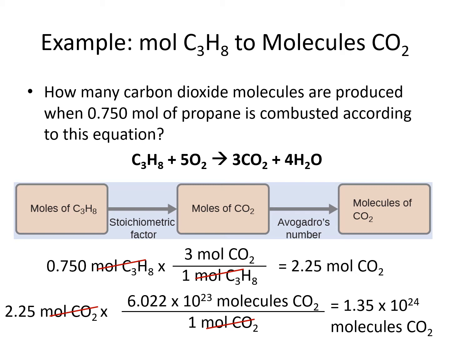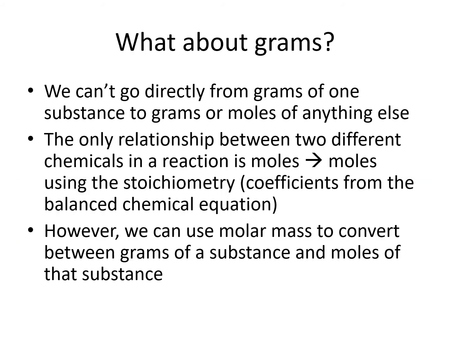We take our 2.25 moles of CO2, multiply by Avogadro's number, and that gives us 1.35 times 10 to the 24 molecules of CO2. Again, be careful with your units and your abbreviations. Do not abbreviate molecules as MOL because that's reserved for moles. Just write out the whole word, molecules.